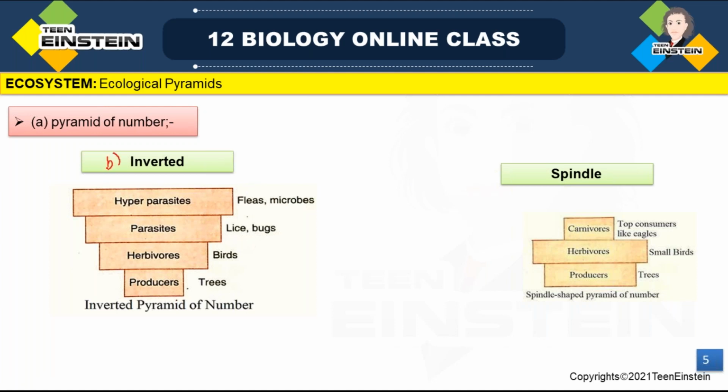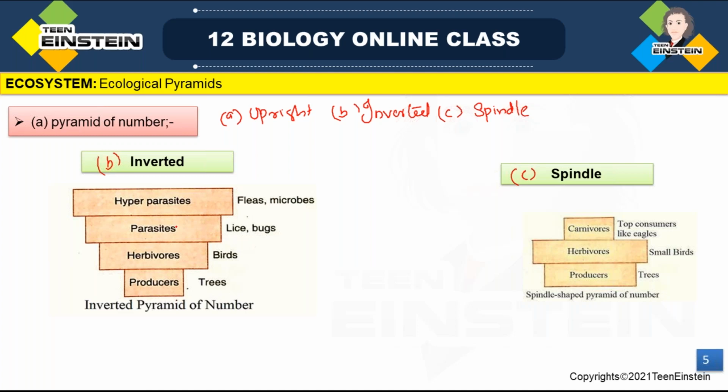Then the third type is spindle. Like this, 3 types are there: upright, inverted, and spindle.